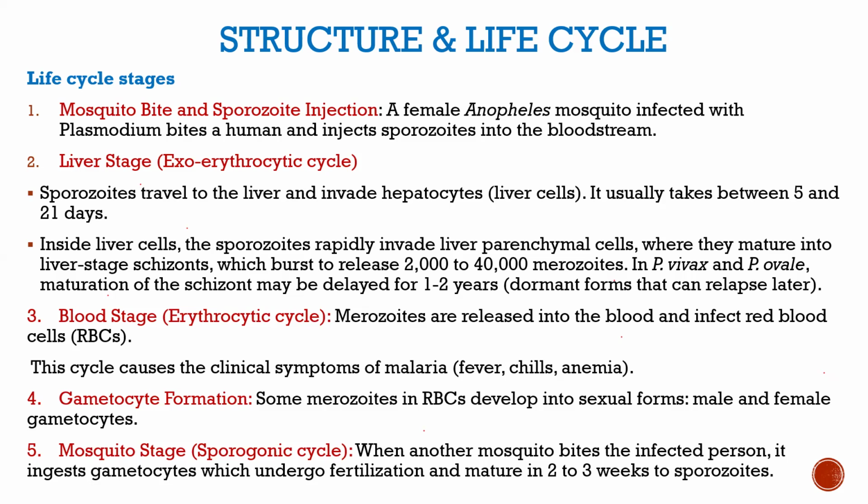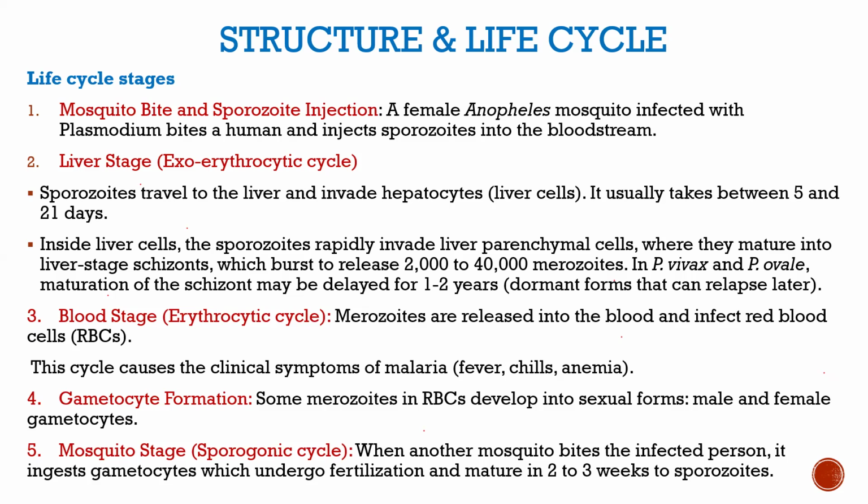So the first stage is mosquito bite and then sporozoite infection. A female Anopheles mosquito is infected with this Plasmodium parasite. Then when it bites a human, it injects what we call a sporozoite into the bloodstream of the human.